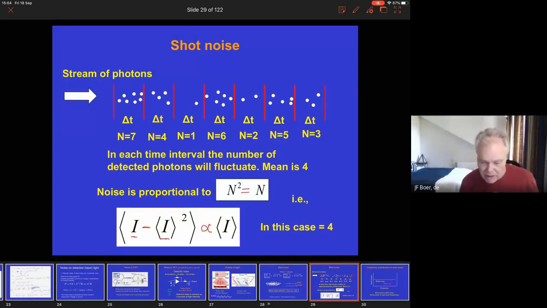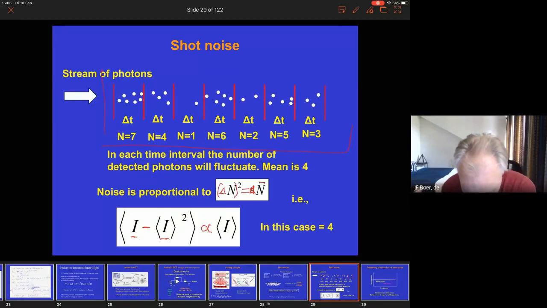And if we would calculate the variance for the actual measurement that I show you here, what you will see is that the variance squared is equal to the mean itself.